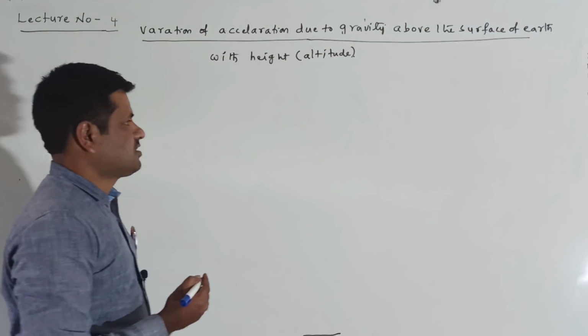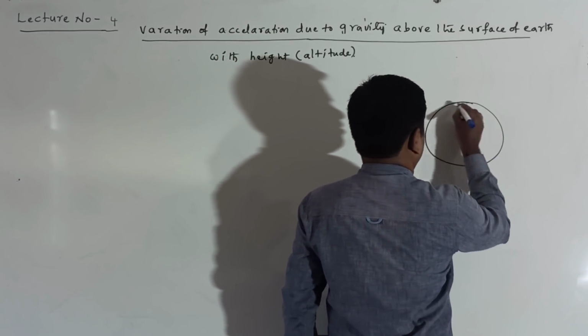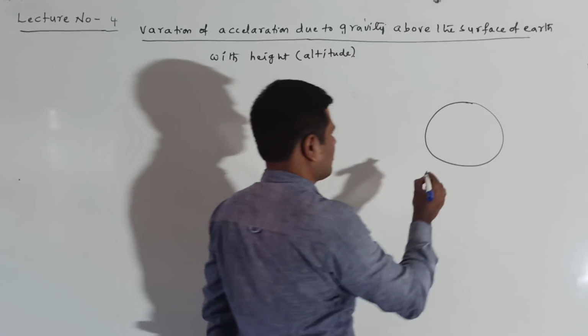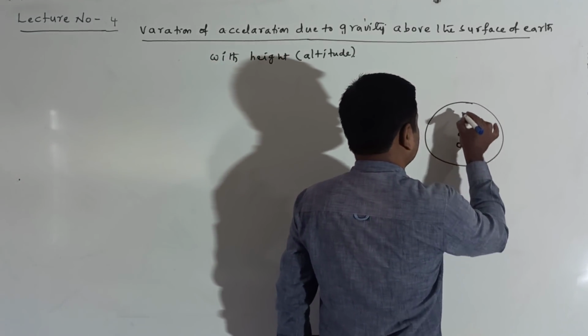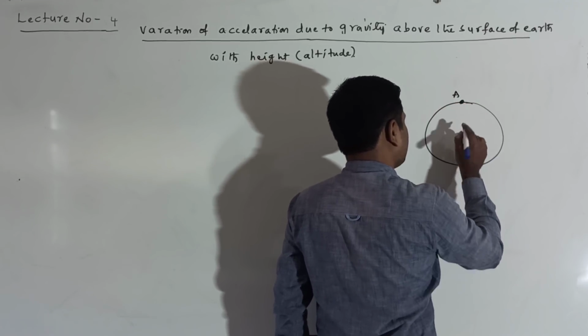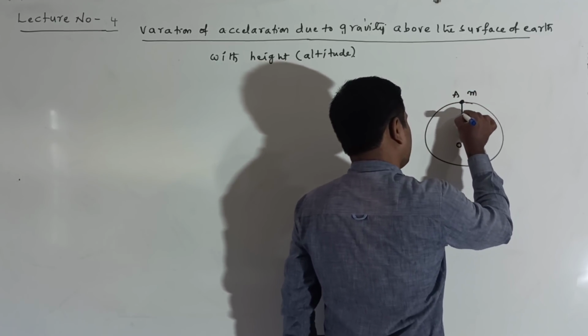Right, here first of all I consider this is the earth, and this is the center of the earth. First of all I am placing a body here, a body of mass m.